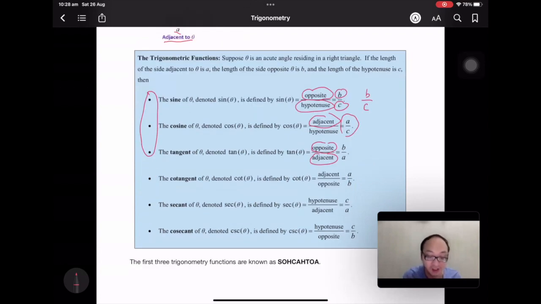For the other trigonometric ratios, we have cotangent, secant, and cosecant, and they are the reciprocals of the first 3 trigonometric ratios. The cotangent is the ratio of adjacent and opposite, so it is the reciprocal of tangent.